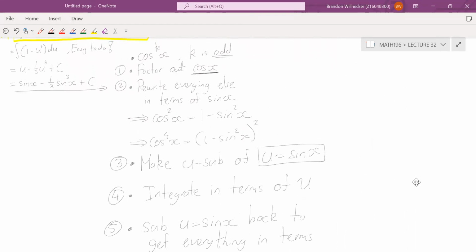So we can take this as general. So if you have an odd power of cos, we follow these steps. If this cos to the kx appears where it's odd, then you follow these steps, and that's how you solve those types of problems. Okay, any questions so far?